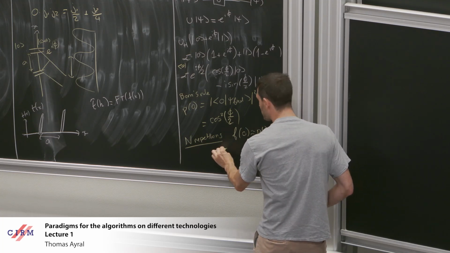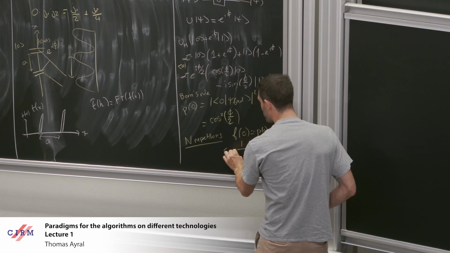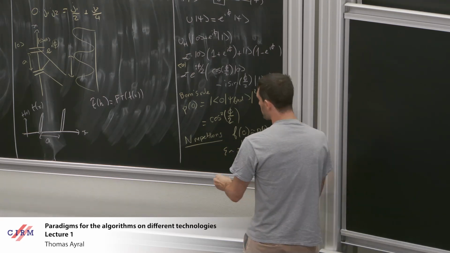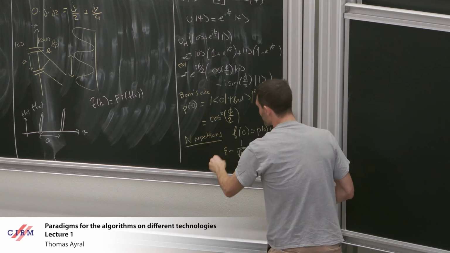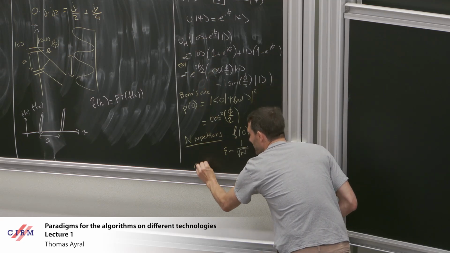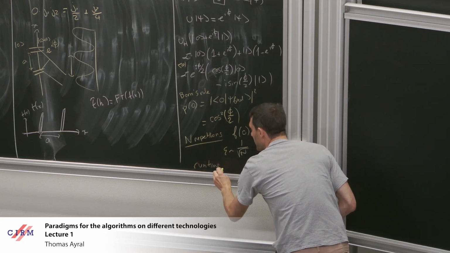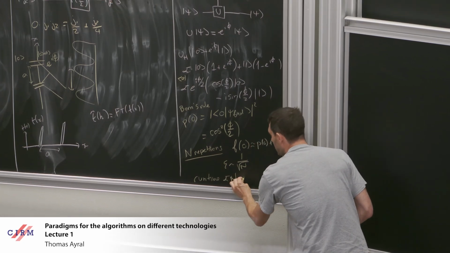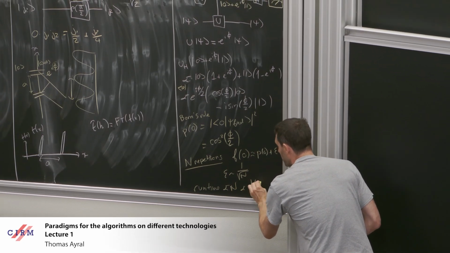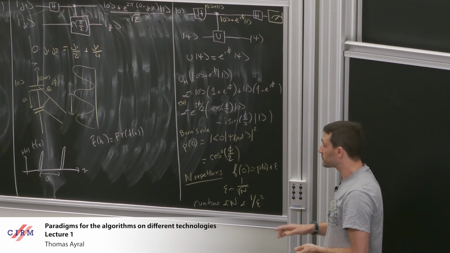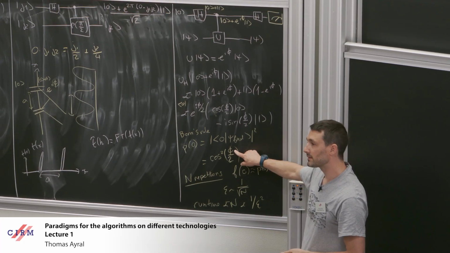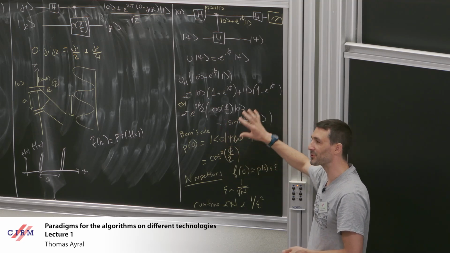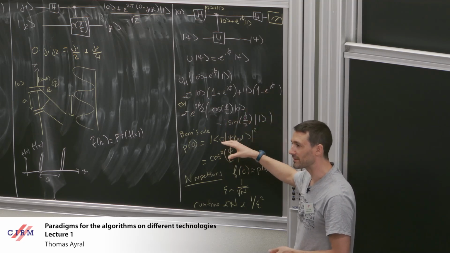And this error epsilon, you will agree with me, with the central limit theorem, is going to be 1 over square root n. So it means that the runtime of my algorithm is going to be proportional to the number of repetitions, and this is 1 over epsilon squared. So if I want to reach a given accuracy on my phase, which, by the way, is the sine or cosine, so I don't really have the phase, but I could also measure other information to get exactly the sign of the phase.